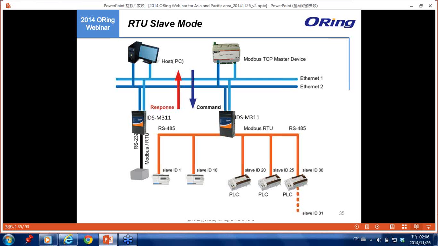Slave mode is also the most used mode. The PC, or let's say the Modbus master device, is placed on the Ethernet side running the Modbus TCP protocol, sends out the query to the Modbus gateway, and the gateway converts the query to the Modbus RTU or Modbus ASCII protocol and sends it out to the serial slave devices.